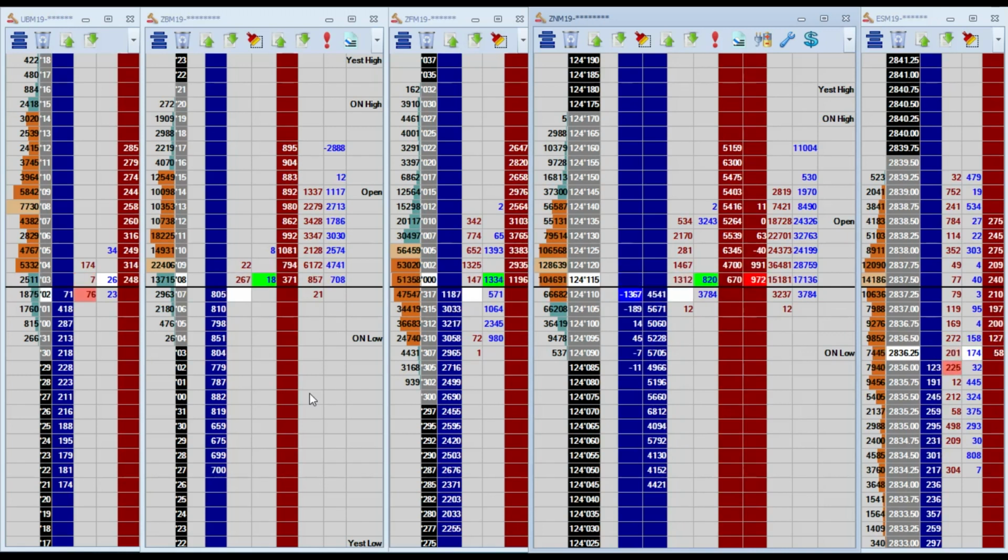Just seems like a kind of a consolidation day after a pretty wild day yesterday. Wouldn't be surprised if equities were quite a bit higher by the close.